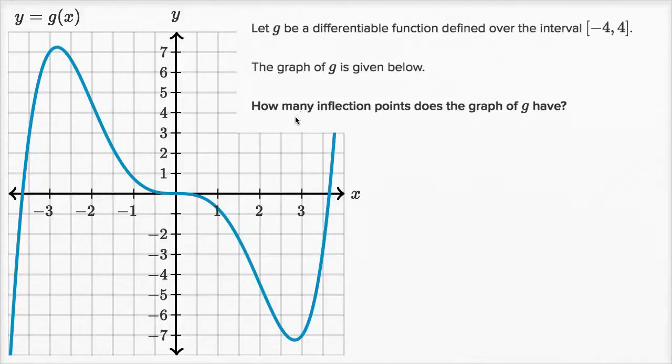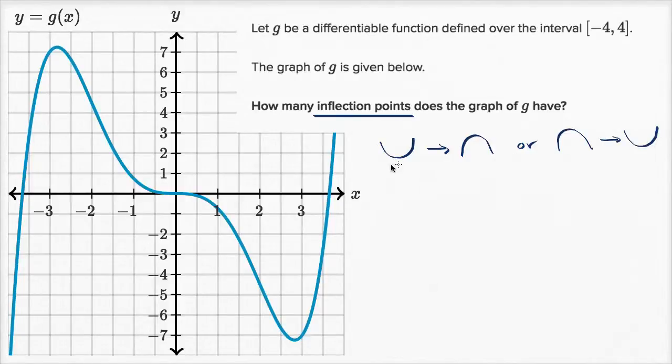And so let's just remind ourselves, what are inflection points? Inflection points are where we change concavity. So we go from concave upwards to concave downwards, or concave downwards to concave upwards.